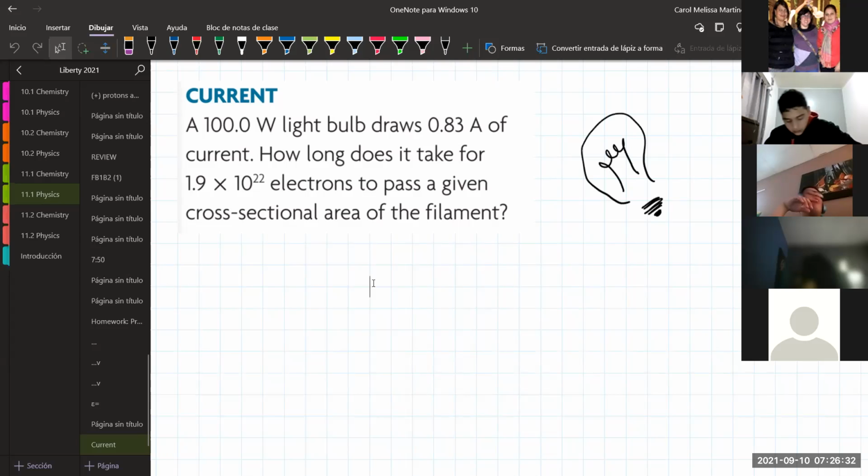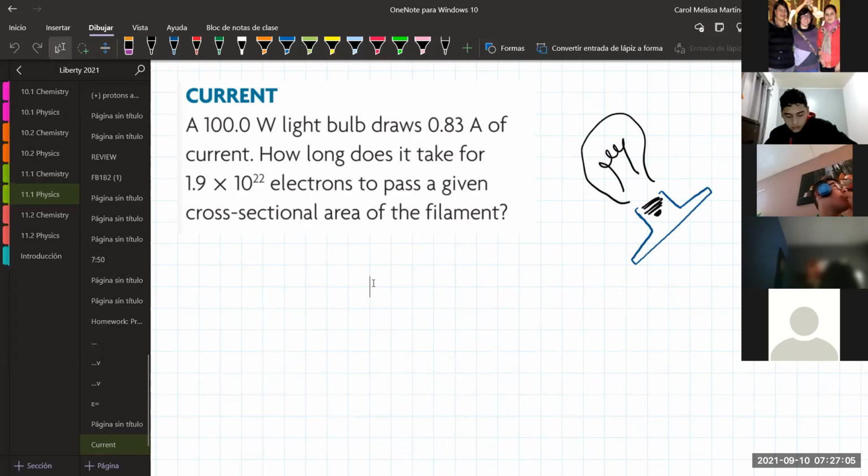So in a light bulb, you just turn it on by pressing the switch, and it is on.